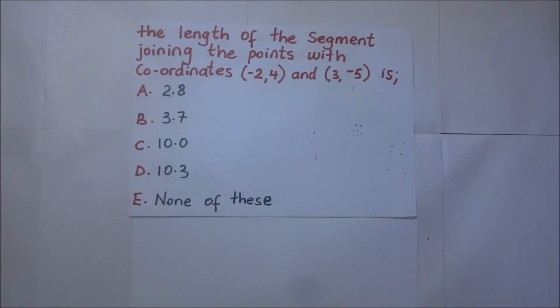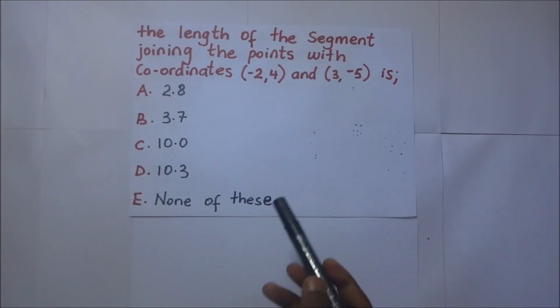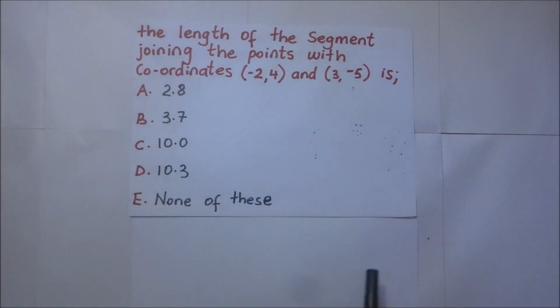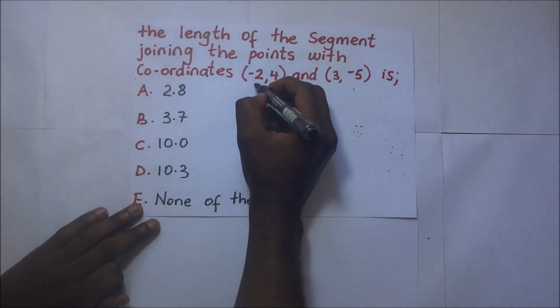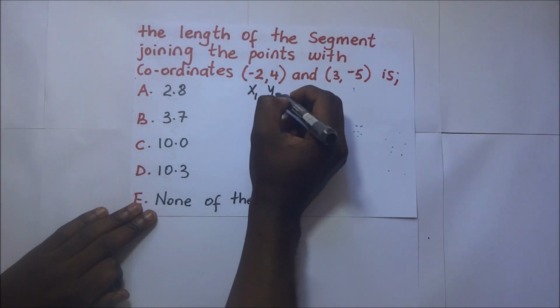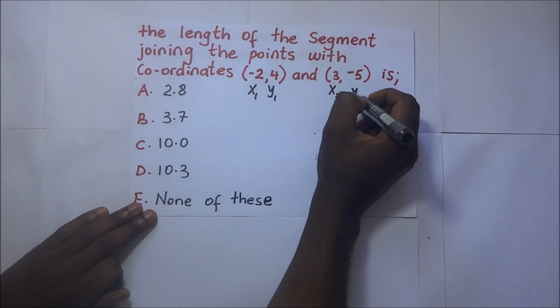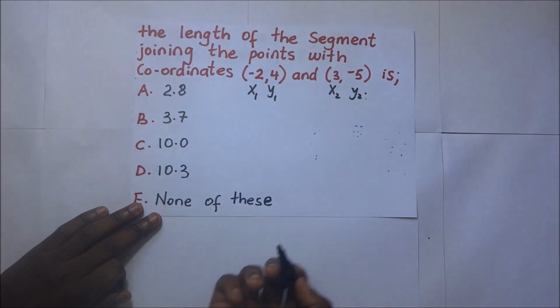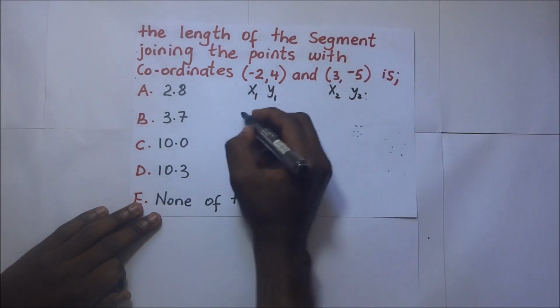The length of a segment joining the points with these coordinates is, so now we are looking at the length of the segment. This is x1, y1, this is x2, y2. When you're trying to find the length of the segment, let's call this segment AB.